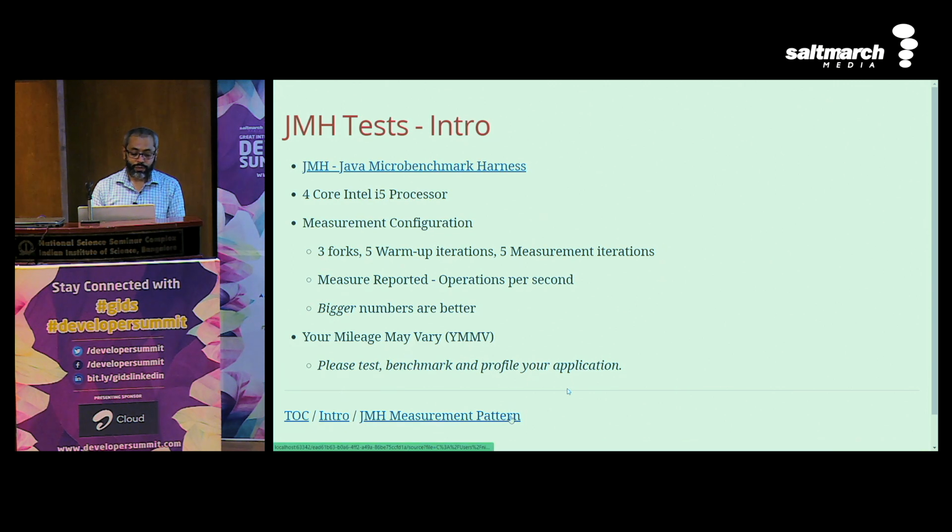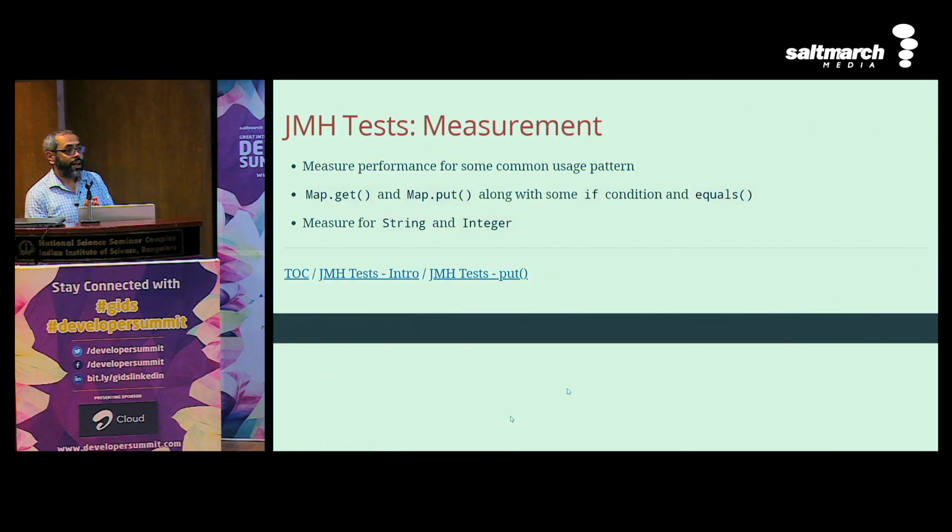So how are we essentially measuring it? While I was writing this talk and putting together some common patterns, I realized that while building Eclipse Collections, we do have some JMH tests that we run, because whenever we make some changes which we think are performant, we have to justify them, right?